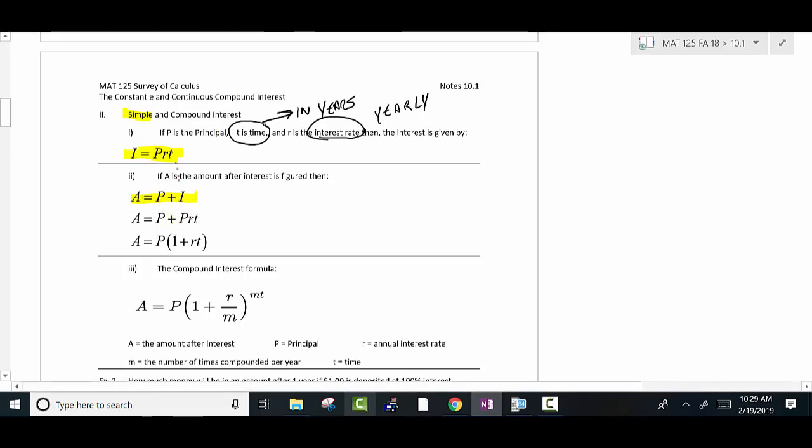And then what I did is, since I is PRT, I plug it in there, and I factor out the P. So if I factor out a P, I get this expression right here. So ultimately, you want to know that formula, probably that one, and then maybe that one. You can get by without that P times 1 plus RT. If you remember A is P plus I, then that's good enough most of the time.